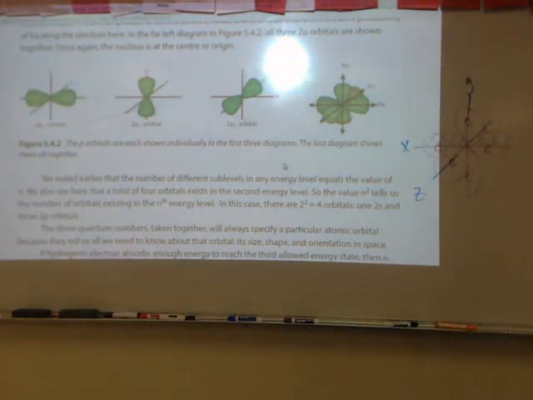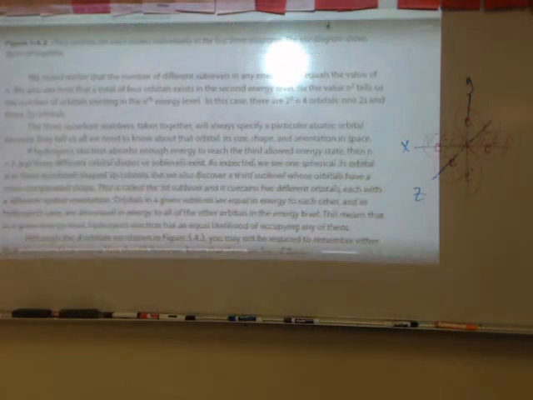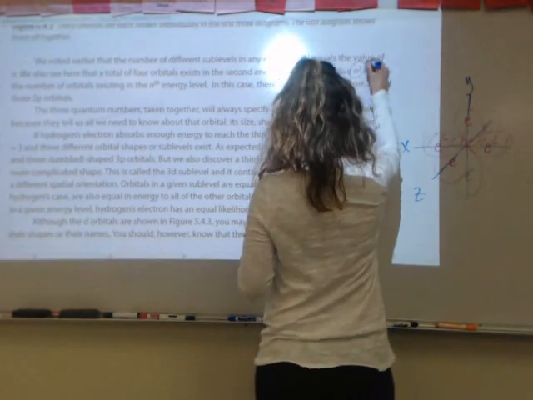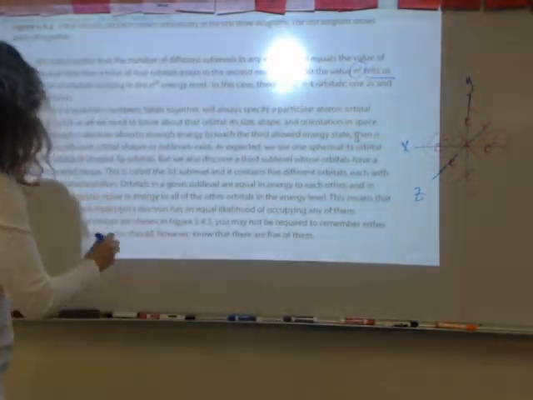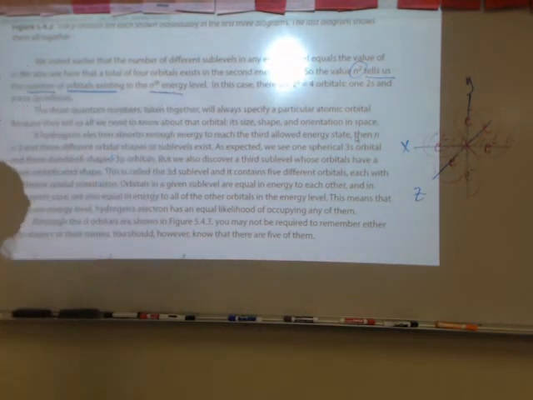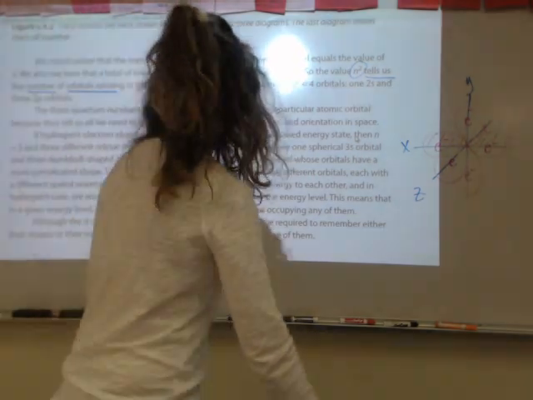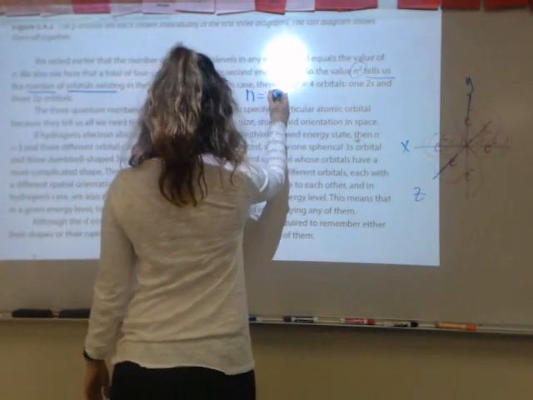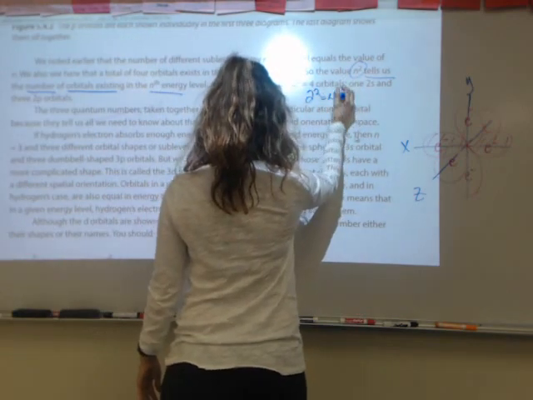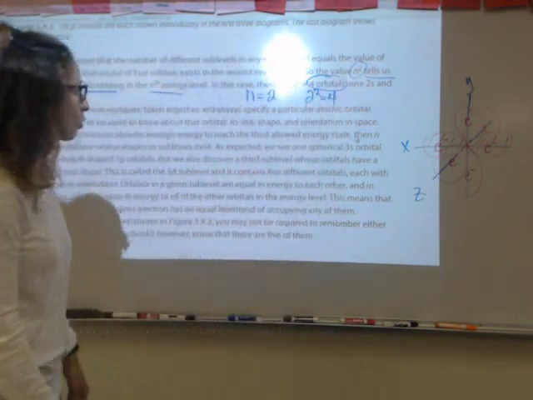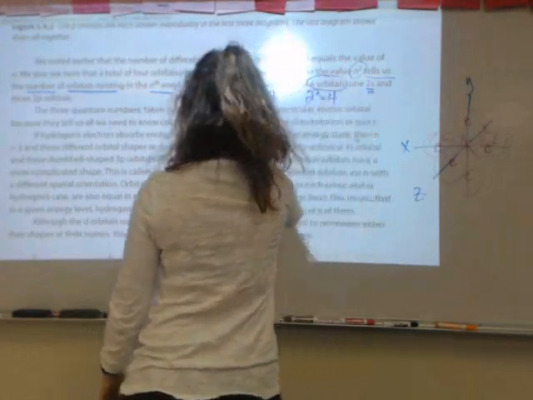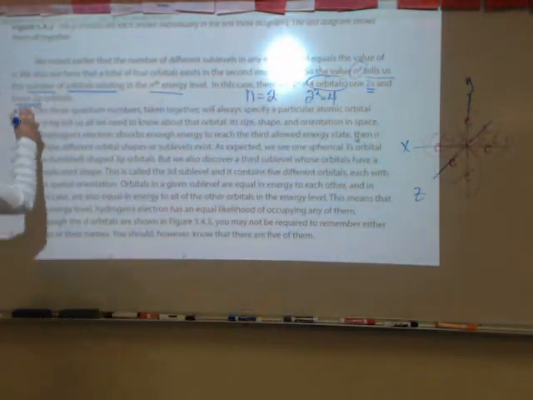And if you're looking at the value n squared, this tells us the number of orbitals existing in the nth energy level. So for example, if I'm looking at n equals 2, and I take 2 squared, I get 4. That tells me I have 4 orbitals in the n equals 2 level. I have 1 2s, and I have 3 2p orbitals.